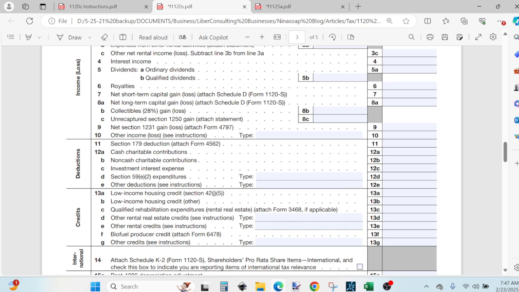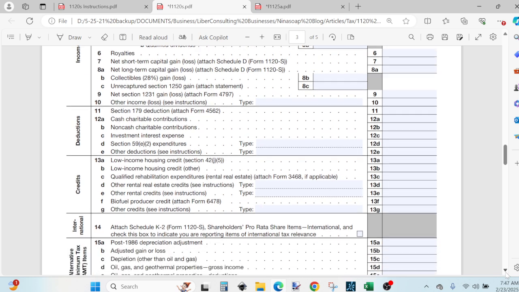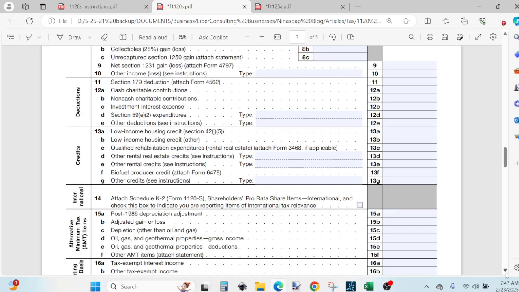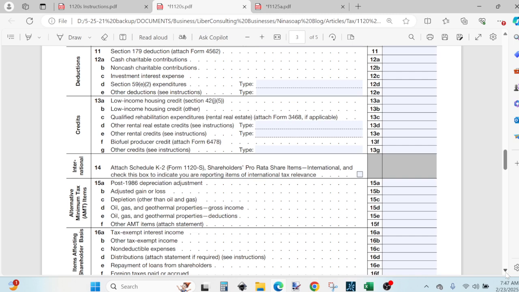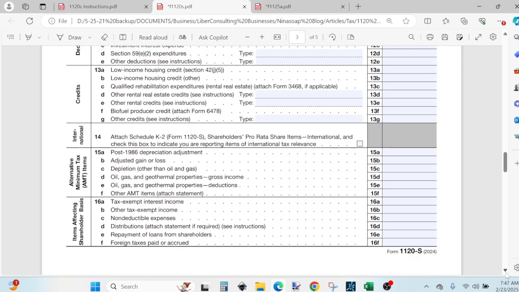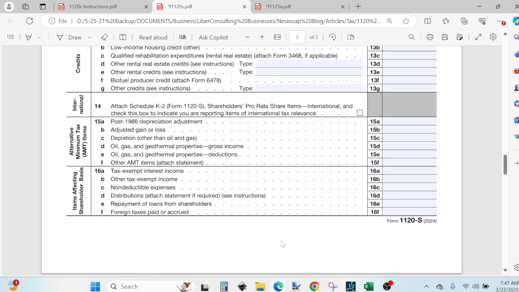So line 13, I'm not going to spend too much time on that. Line 14 is Schedule K-2 for international businesses, and line 15 is depreciation adjustments. I'm not going to do anything there. You have line 16, tax-exempt interest income and other tax items.